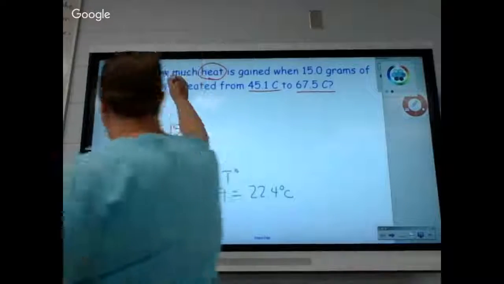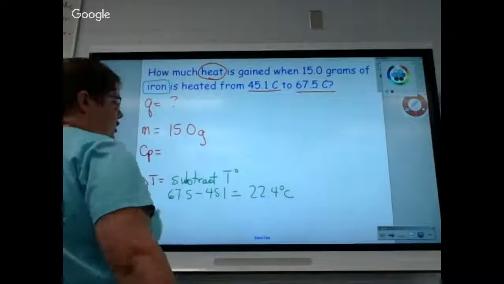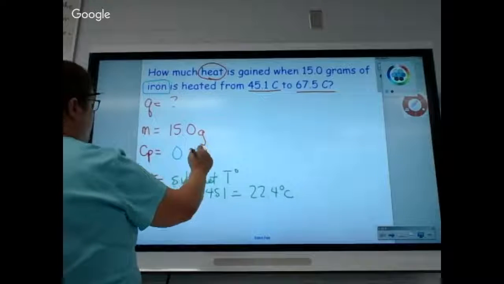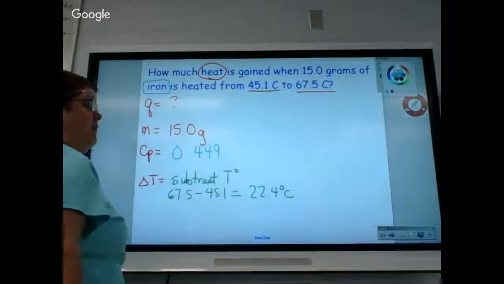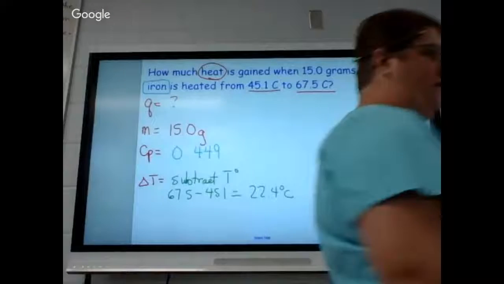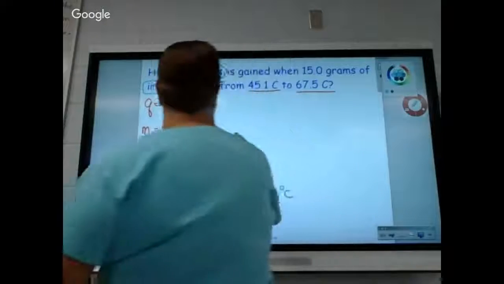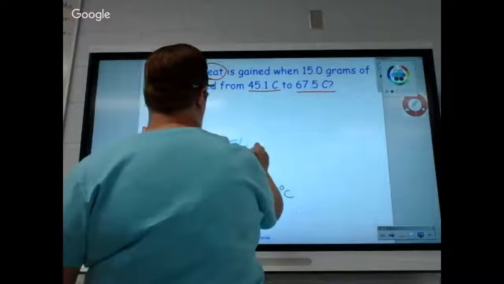Iron. So find iron on your blue sheet. 0.449. At the top of that column is the unit for iron. So what unit did they list at the top of the column for iron? Joules over grams degrees Celsius.